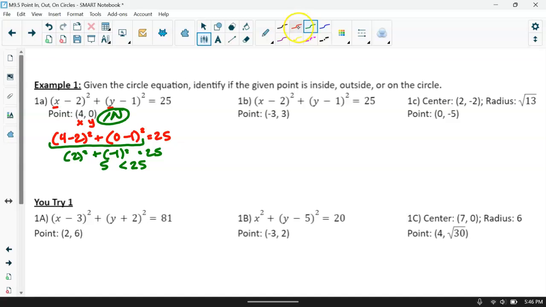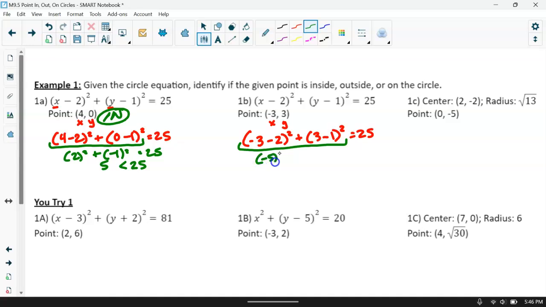So then here, same thing. Here's my x, here's my y, right? So we've got (negative 3 minus 2) squared plus (y, which is 3, minus 1) squared is equal to 25. So again, we're testing this by simplifying. Is this expression equal to 25?